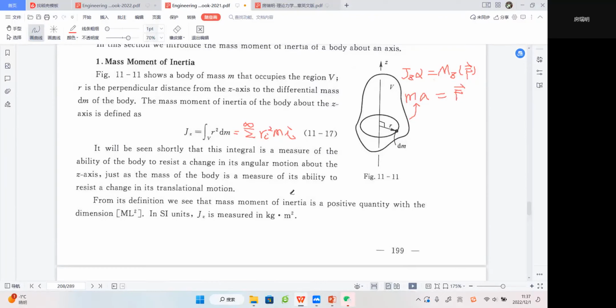Can you guys understand me? So the same thing is, the higher the Gz is, the harder the change of alpha will be, right? So this Gz will tell us its ability to resist a change in its angular motion about the axis. That's why we have learned the mass moment of inertia.